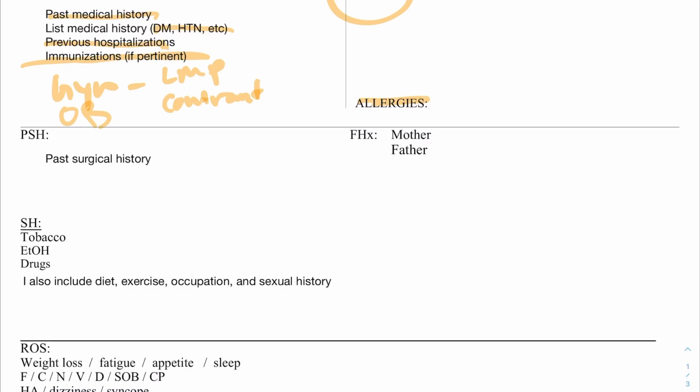Past surgical history is another kind of important topic, but not crucial. So past surgeries are important for if somebody's coming in with abdominal pain. Well, yeah, have they ever had abdominal surgeries before? Like they're having abdominal pain and you're like, well, is it the gallbladder? And you present to your attending, which has happened to me before.